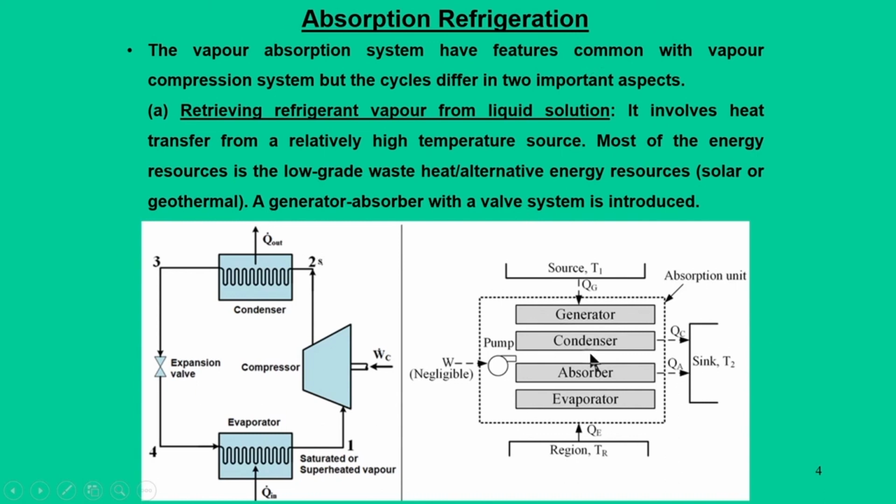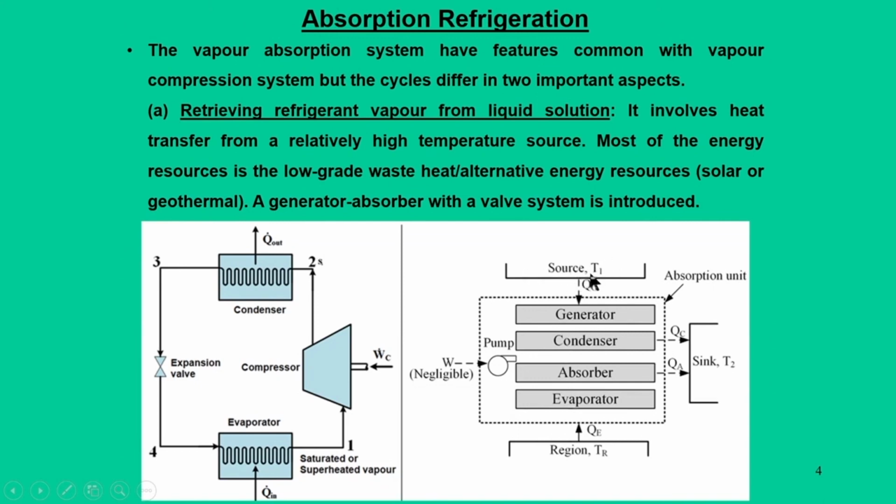Here, the entire compressor unit of a vapor compression system is replaced with a pump, which takes minimal power, and 2 additional components get connected: one is the generator, the other is the absorber. Other components like the condenser and evaporator remain as they are.